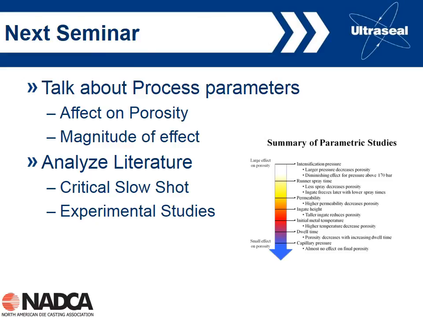So intensification pressure we talked about, spraying we talked about in terms of the permeability. As we get down towards the bottom, the in-gate or initial metal temperature, the dwell time, and the capillary pressure have a smaller effect on the overall porosity. And we'll talk about this a lot more in the next webinar.